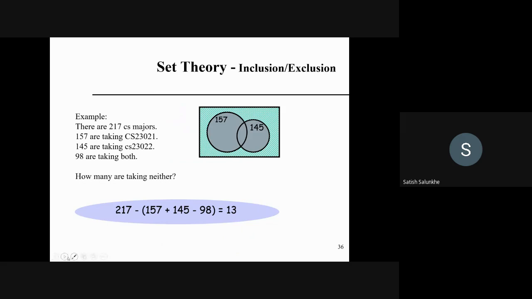If you have two sets, it is pretty simple. What is exactly happening with two sets?